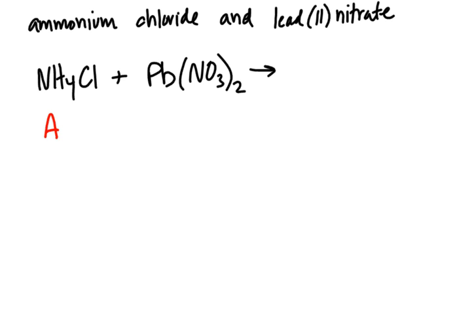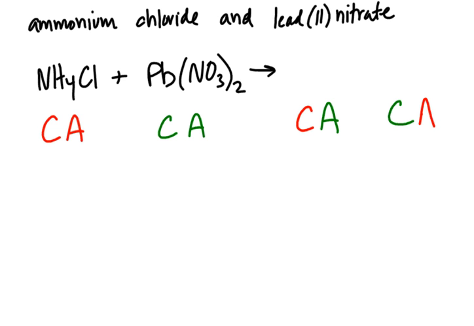It should be cation, anion, and then cation, anion, and I just flip them. So now I'm going to reorder the cations. I'm going to have my red cation with my green anion, and my green cation with my red anion.